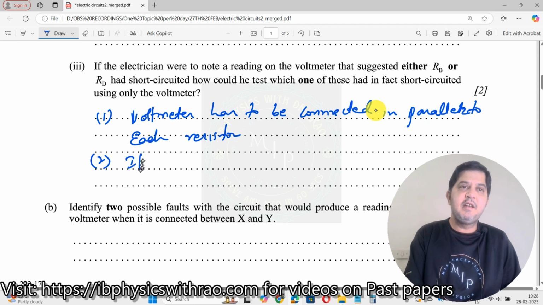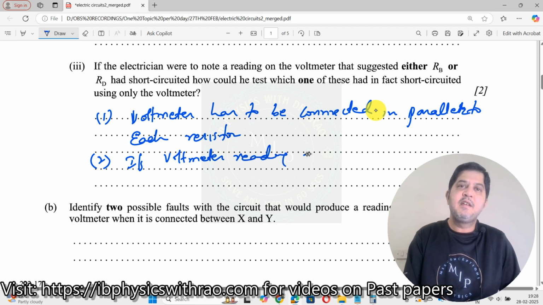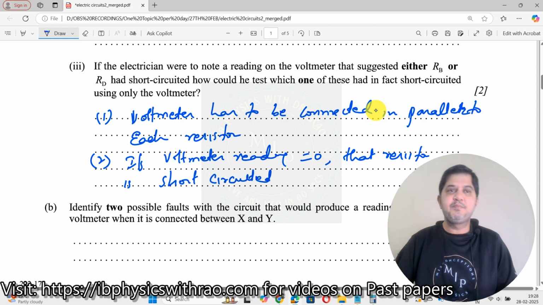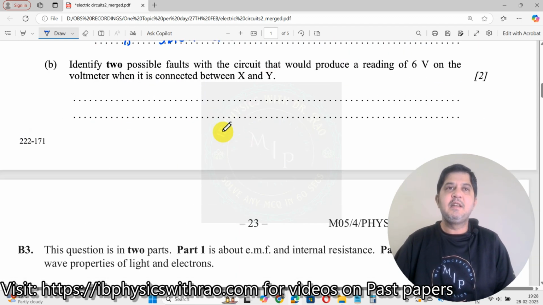Secondly, if the voltmeter reading is equal to 0, that resistor is short circuited. This is what you can infer. Now let us go on to the next one.